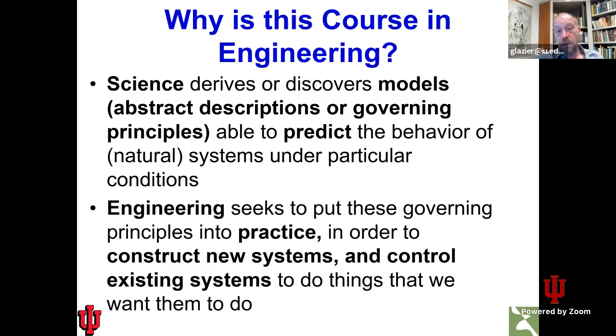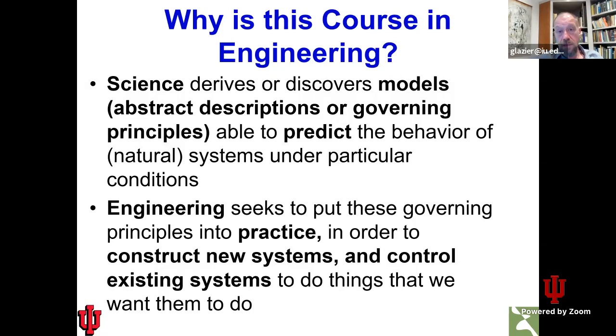Engineering is really about taking that scientific understanding, those models, and applying them to either build new things or control things that exist. And so engineering is really about construction and control, and science is really about prediction. You need the science to do the engineering, but the engineering takes things a lot further.